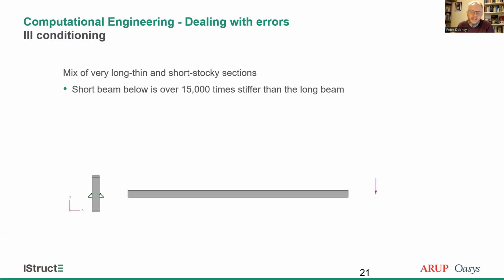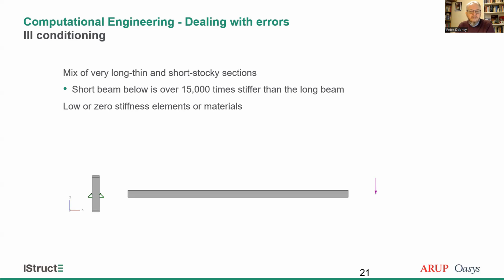For example, in this example here, the short beam is over 15,000 times stiffer; the EI over L of that short section is orders of magnitude stiffer than the long thin beam. This can affect the results. Non-linear analysis is even more sensitive than linear analysis.